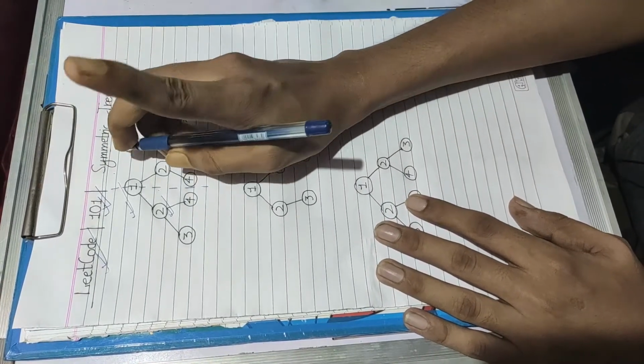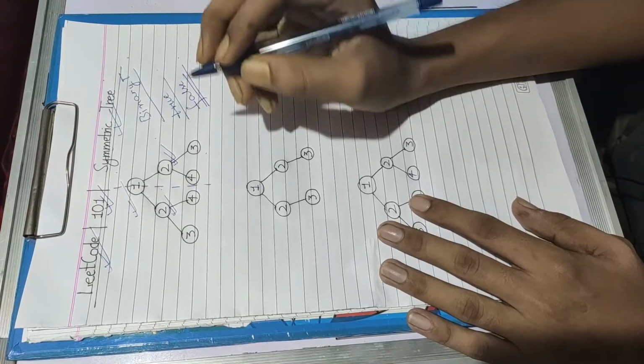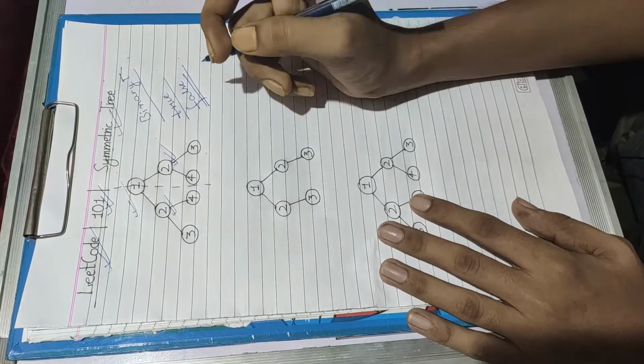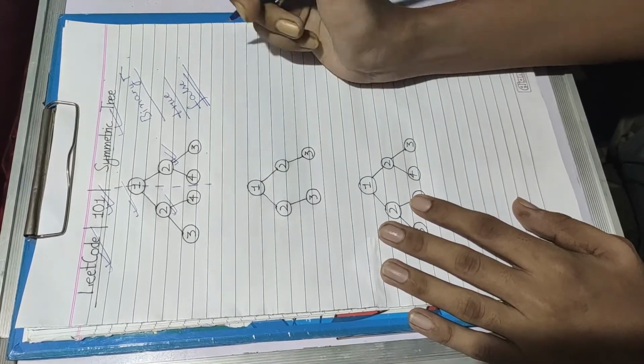So the structure as well as the value both should be equal, LHS to RHS.